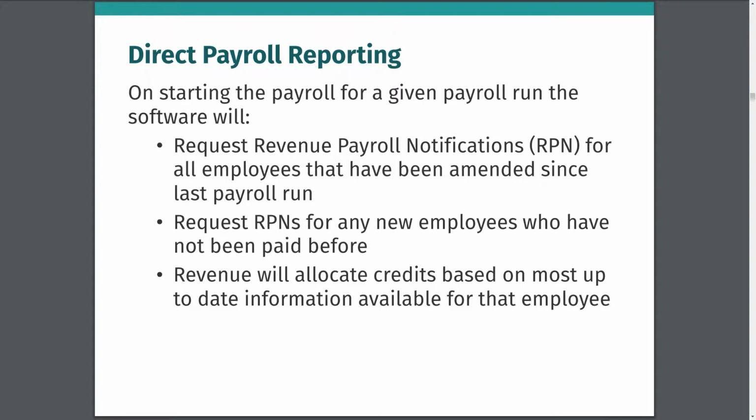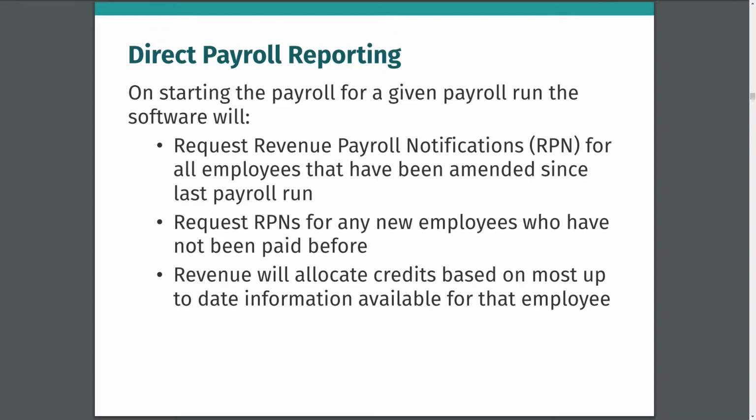For the majority of you that are using software, this is how your software is going to interact with Revenue. On starting the payroll, your software will request the Revenue Payroll Notifications for all employees that have been amended since the last payroll run. They will also request RPNs for any new employees who have not been paid before.